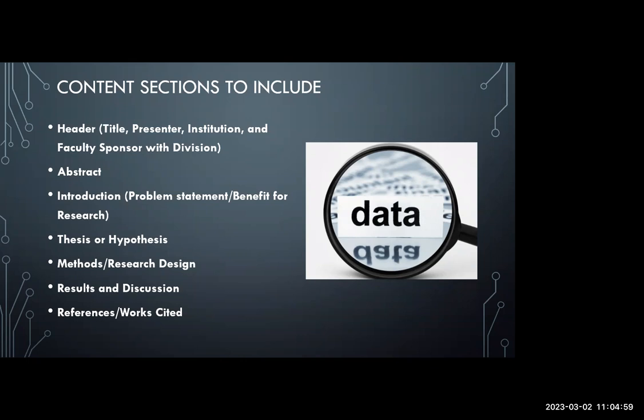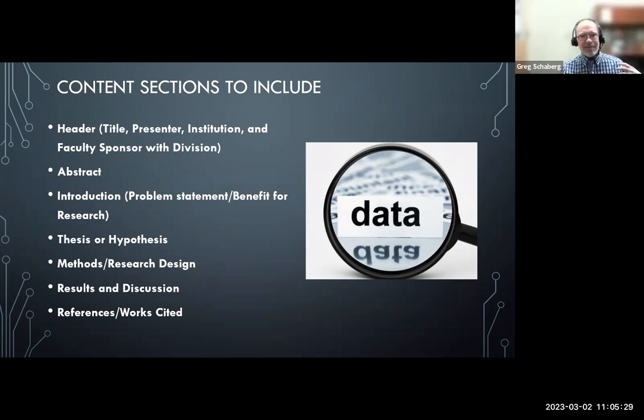You will also need to include your results and the discussion of the study by stating what was the outcome. And finally, depending on the discipline, you will need to include your references or works cited page. And this information can be presented on the front or the back of the poster as handouts to be provided upon request.